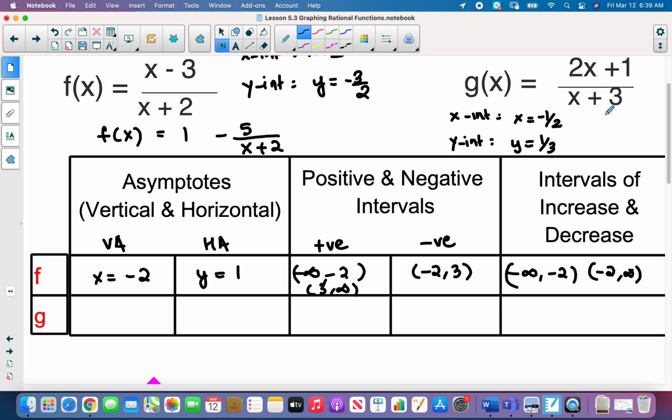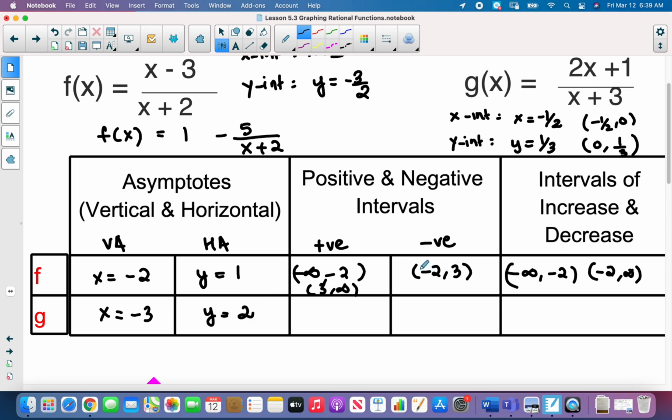So we have those 2 points: -1/2 comma 0 and 0 comma 1/3. Looking here, we can see that there is a vertical asymptote at x equals -3. And for the horizontal asymptote, we divide the leading coefficients, we get 2/1, so y equals 2.